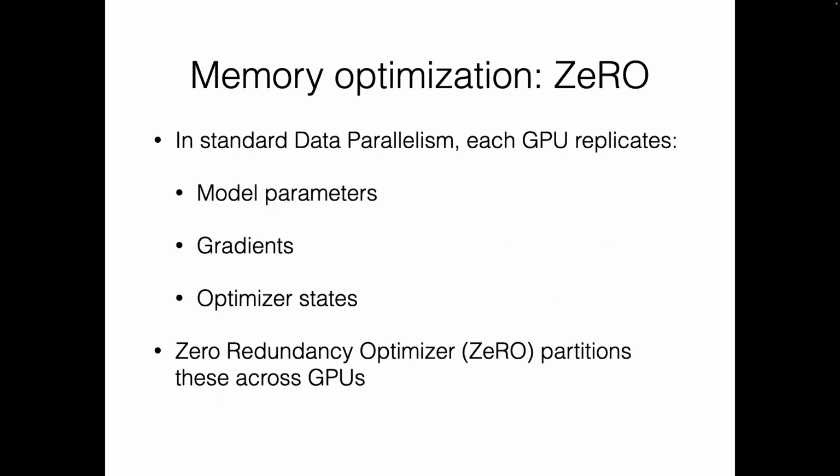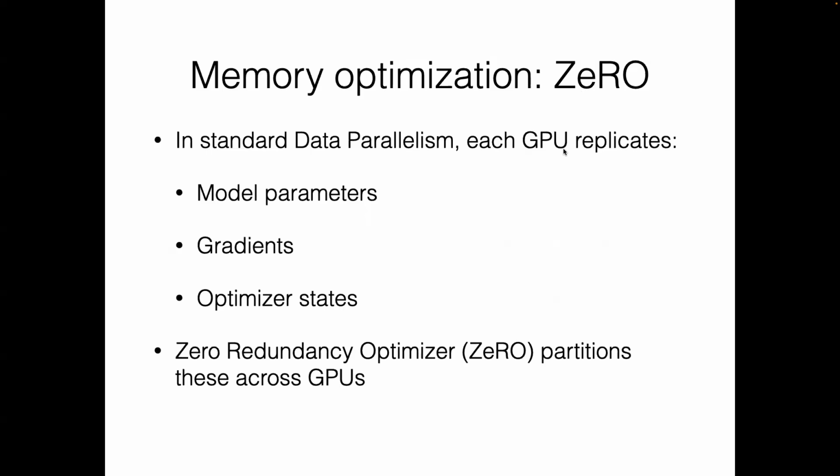So what you do here is, if you remember in data parallelism, each GPU is holding a full copy of the model and a full copy of the gradients and the optimizer states. And in some sense, that is redundant, because each GPU literally has a copy.